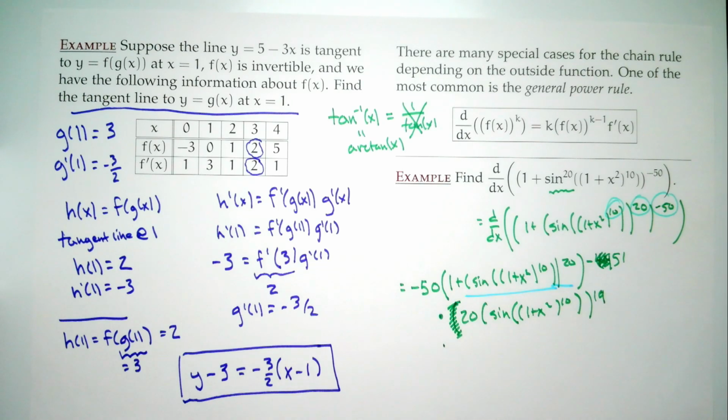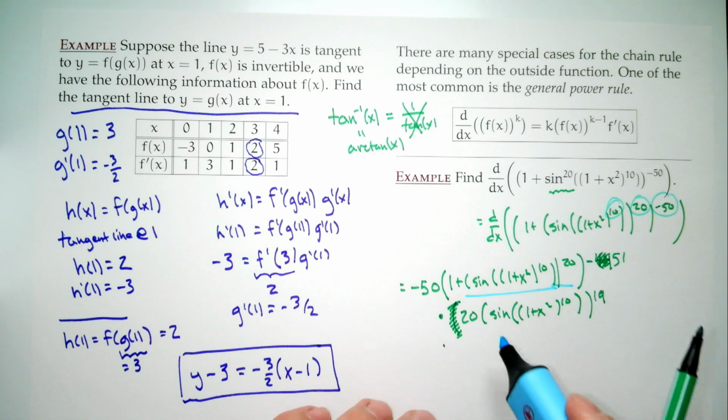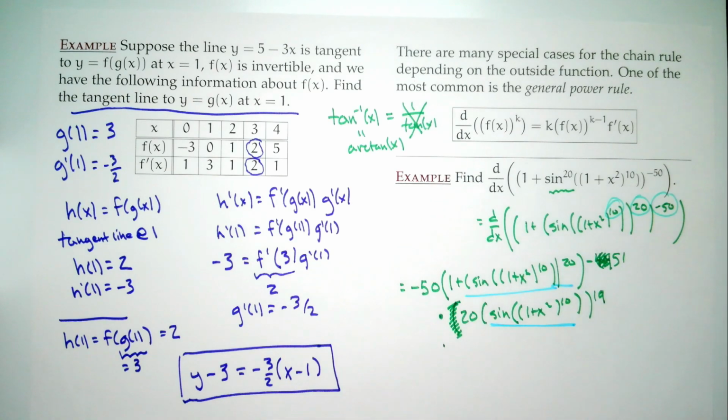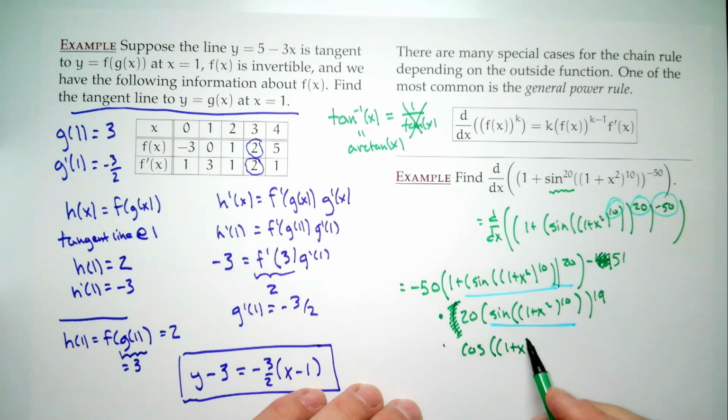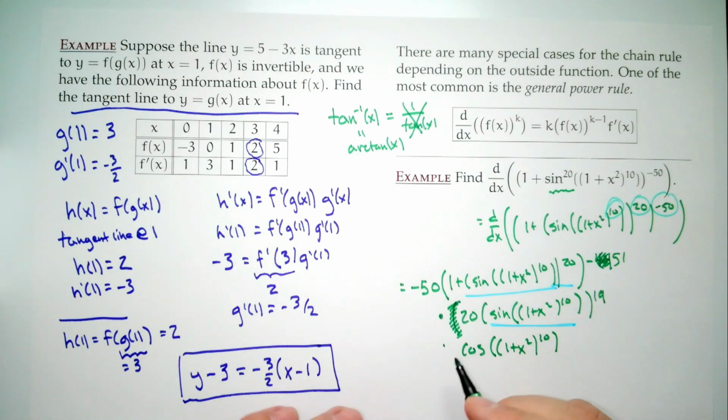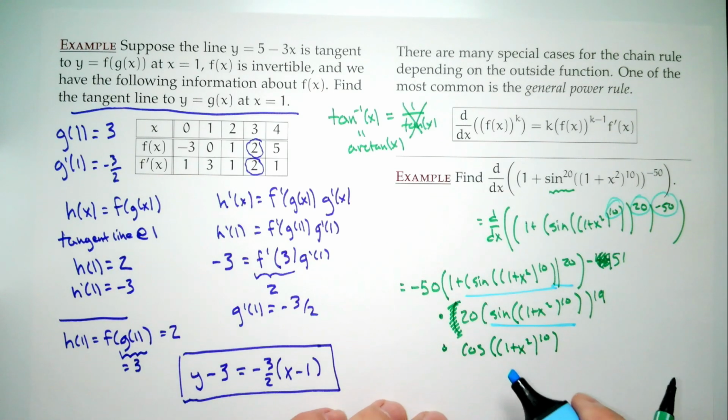Well, the next layer is the sine. What's the derivative of sine? Cosine. All right, at least that one I got right. All right, now are we done? No, because we said I'll have to keep going. 1 plus x squared to the 10th.